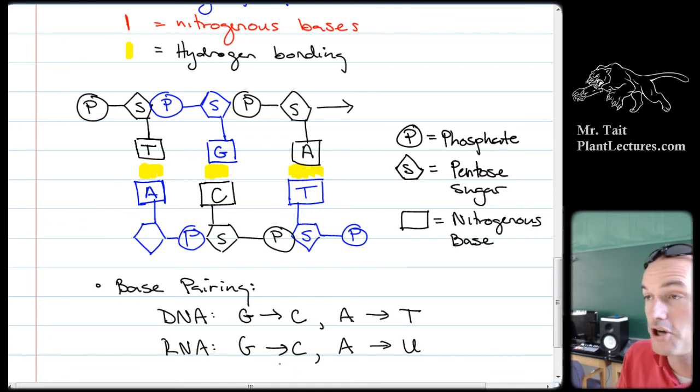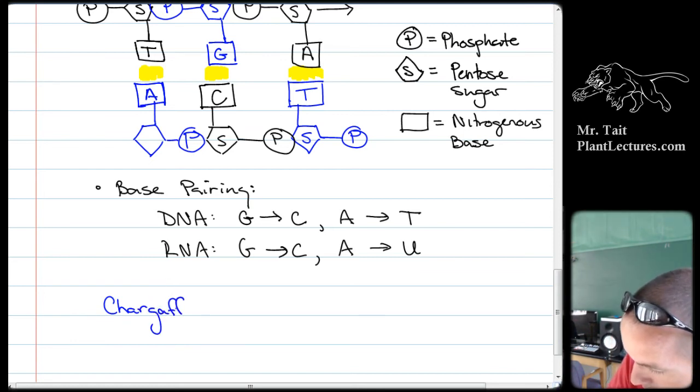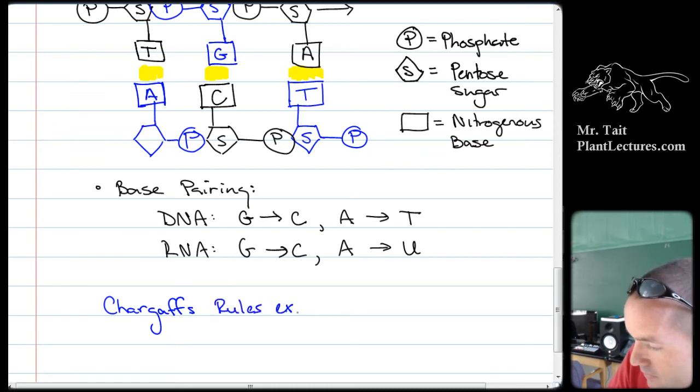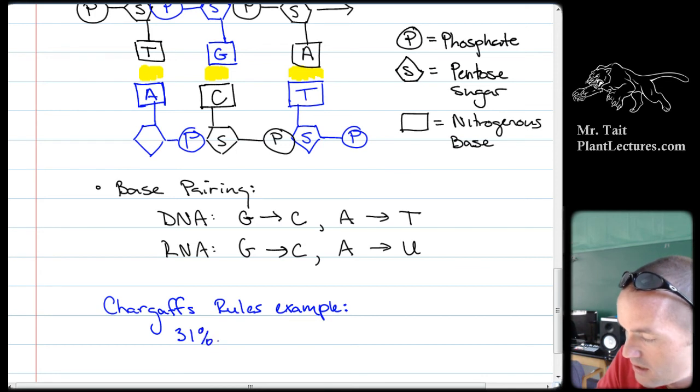And there's something called Chargaff's principle, and Chargaff's principle says that if we know that they complementary base pair like this, and I know the percentage, so this is my Chargaff's rules example. Okay, so for instance, if I know that I have, I don't know, 31% guanine in a sample, what other numbers do I know?